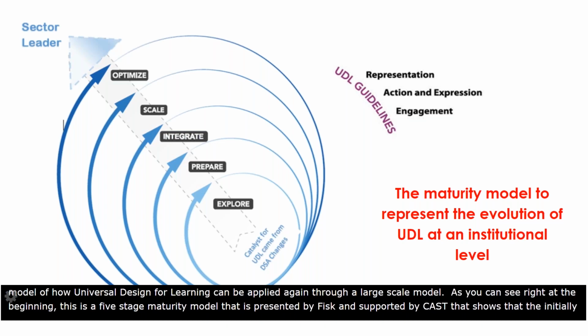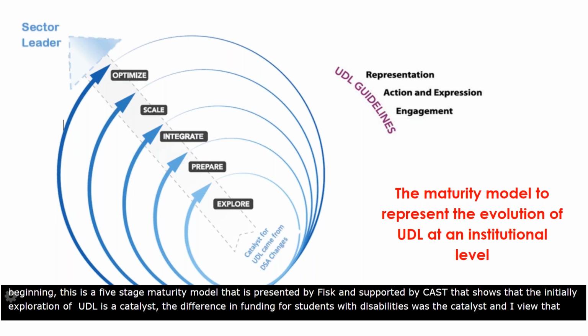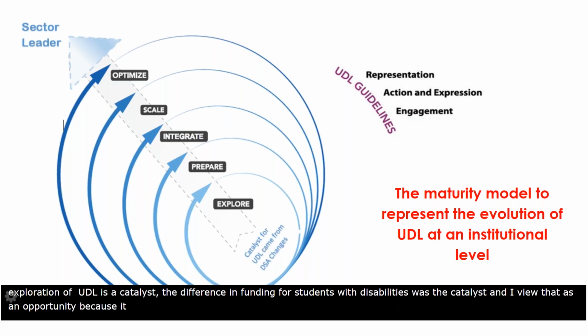Sometimes this is a crisis, sometimes an opportunity. At De Montfort University, the difference in funding for students with disabilities was the catalyst, but actually I view that as an opportunity because it was the right conversation to be having at the right time, meaning that UDL would support those students but everybody else.